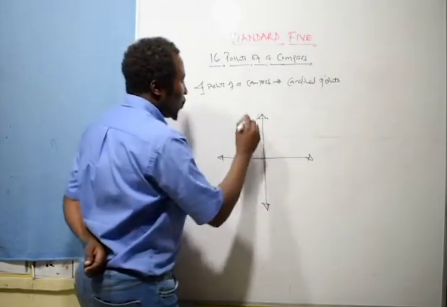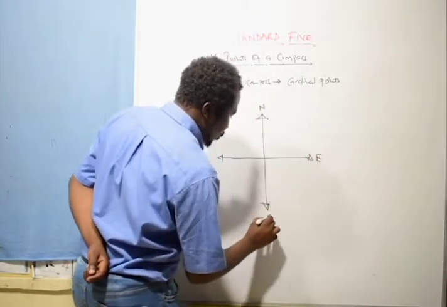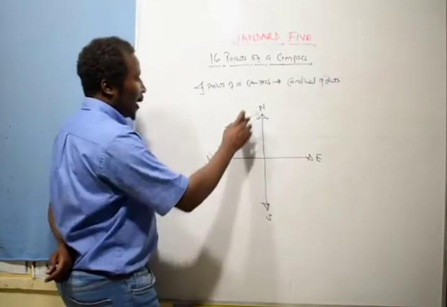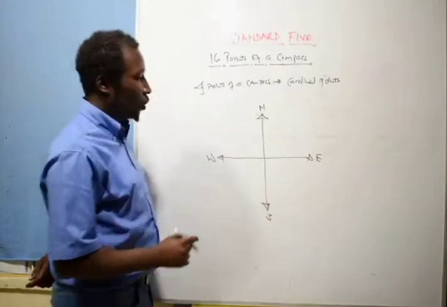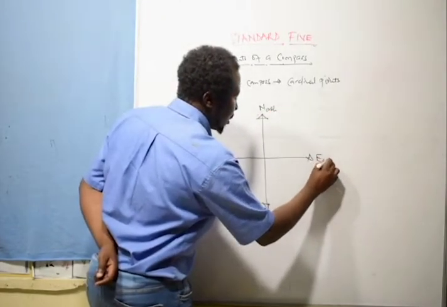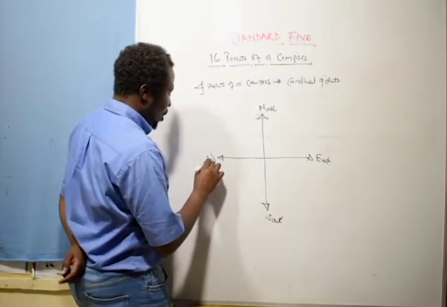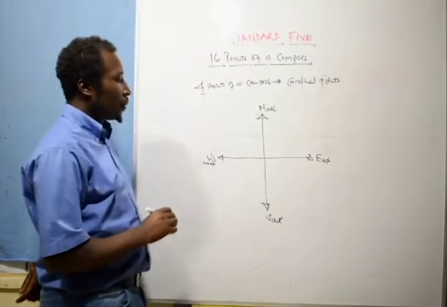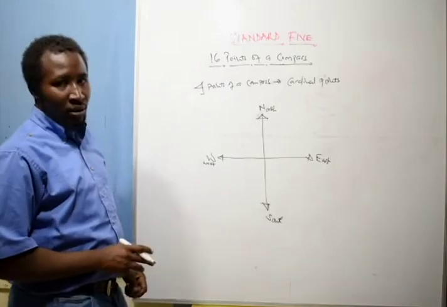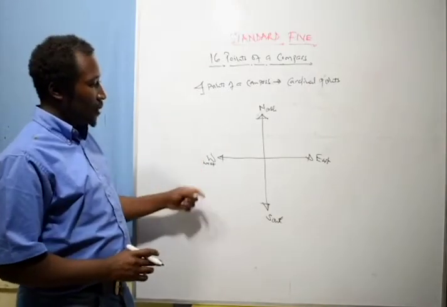So we start by the top. N stands for north, E stands for east, S stands for south, and W stands for west. Now, these are the 4 cardinal points: north, east, south, and west.